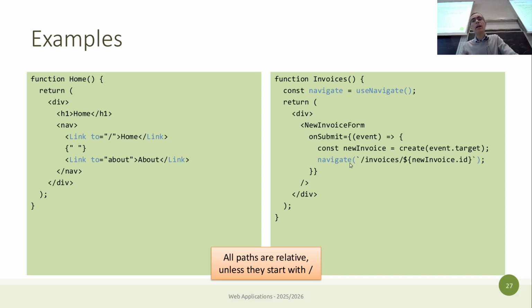You are in an event handler. You see the event handler onSubmit. That's a form. Could be onClick for a button and so on. Navigate to slash something, slash invoices, slash new invoice ID, okay? Of course, you cannot just say Link. This is JSX, where am I going to write the JSX here? I can return JSX, but it doesn't make sense.